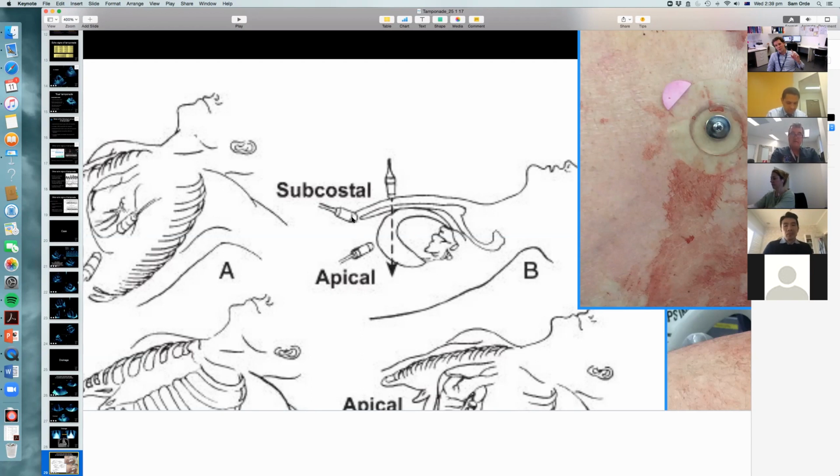The parasternal approach you can also go for. The reason I'm showing you this one is that with this approach you can go off axis to make sure you're heading away from the heart. If you're going subcostal, you've only got maybe a 3 centimeter landing zone. If you go off axis and aim away from the heart, you can have a 10 centimeter landing zone, and that's just using your echo probe.